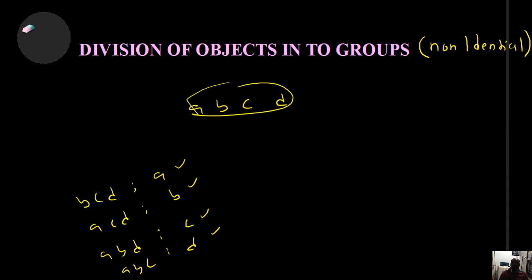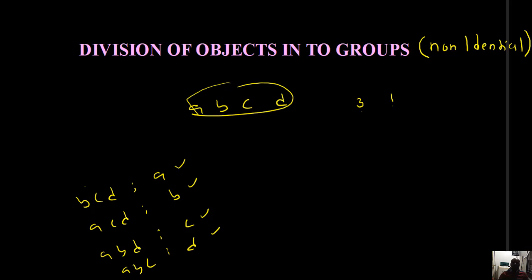Important thing is, if order is also mentioned, if order is also important, what is the meaning of that? We want to divide these 4 elements into 2 groups of 3 and 1 among persons, for example, so that one person gets 3 and another person gets 1, which means order becomes important.